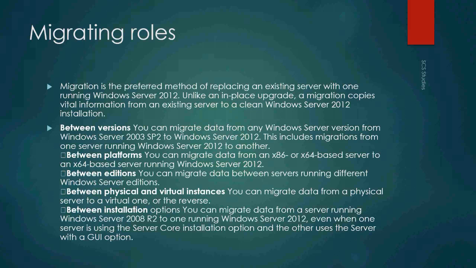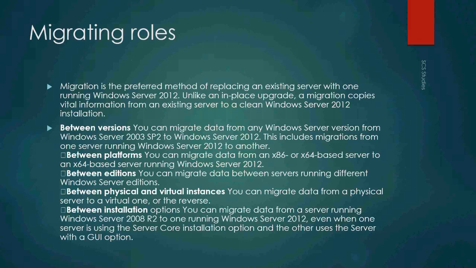We can migrate between different versions, like 2003 directly to 2012. Between platforms, that means we can migrate our data from 32-bit to 64-bit as well. Between editions, that means if you want to migrate data from Windows Server 2008 Enterprise to Windows Server 2012 Standard, it is also possible.